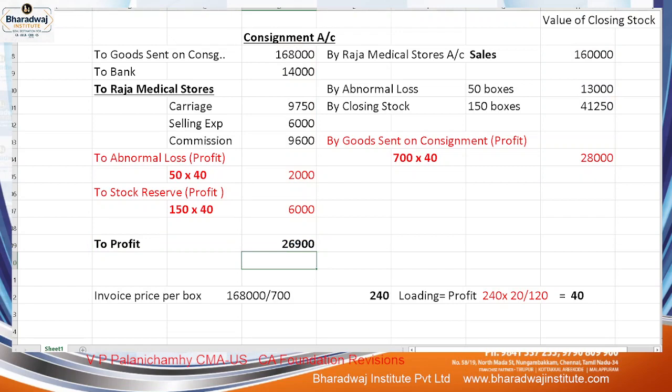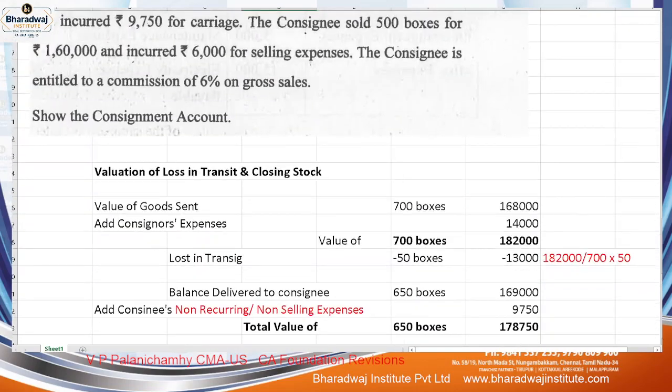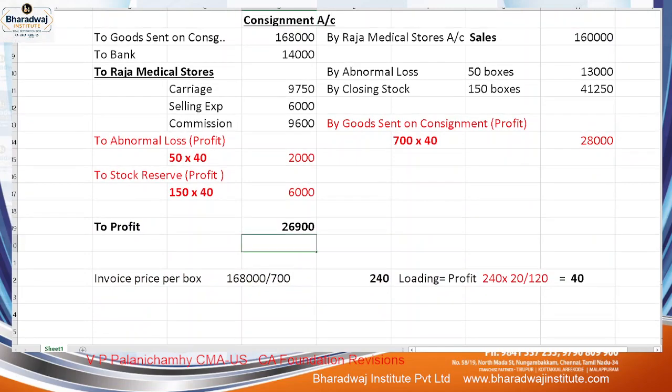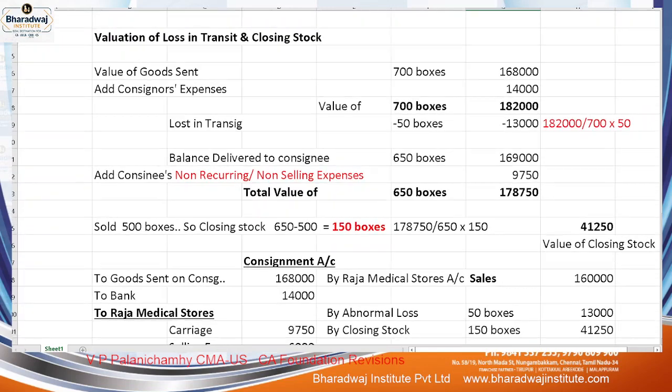They ask only which account? Consignment account. Prepare which account? Consignment account. Show the consignment account. Once again, you repeat. 700 boxes we have sent. Add the consignor's expenses. The value of 700 boxes comes. Eliminate first which one? Loss in transit.